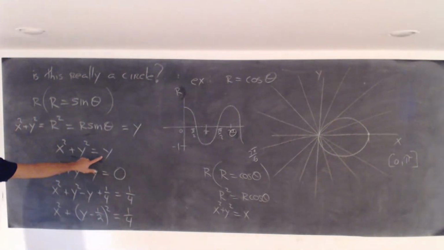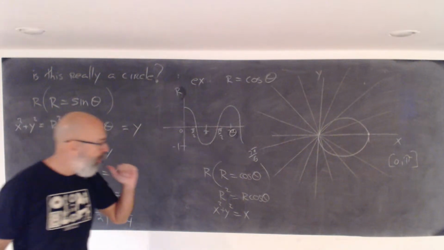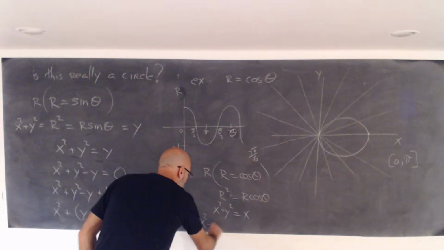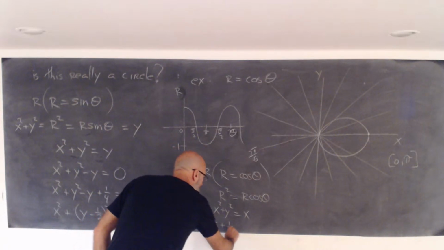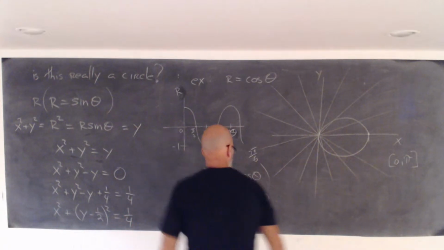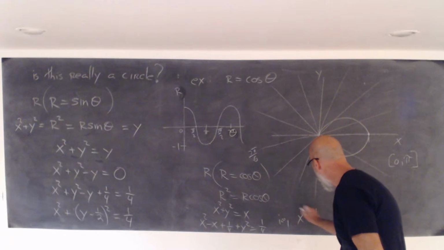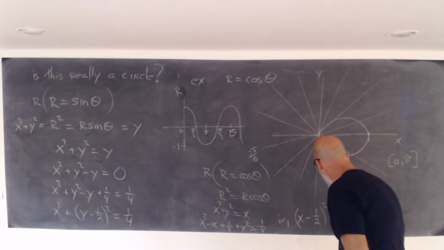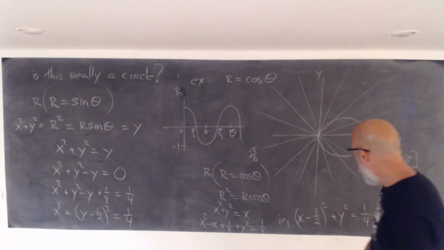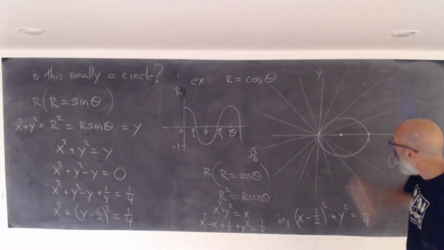So in very much the same way, bring the x over, complete the square, and you see that you get a circle of radius 1/2 centered at (1/2, 0) right here.